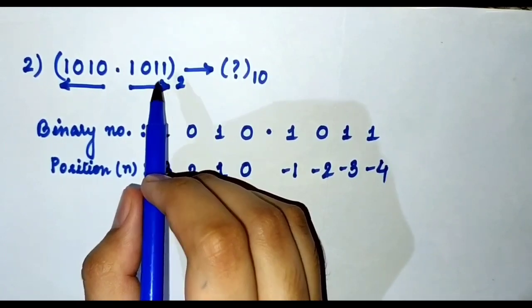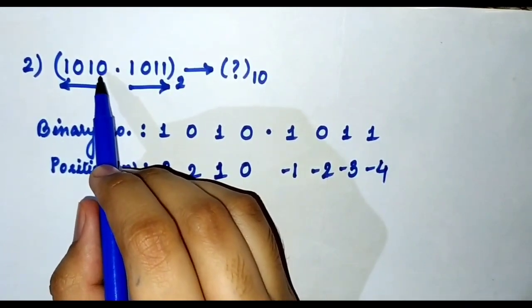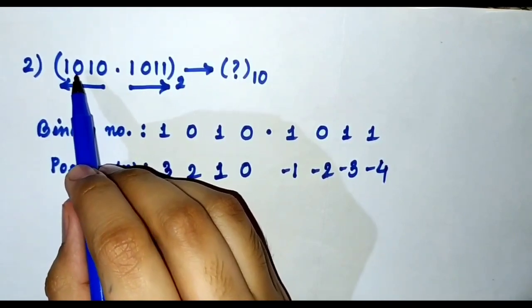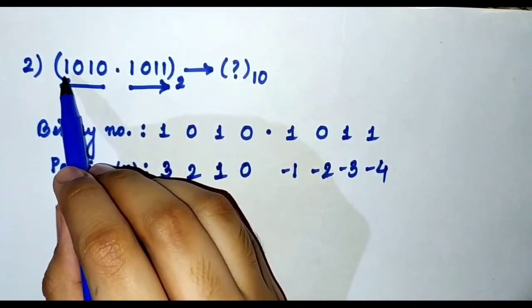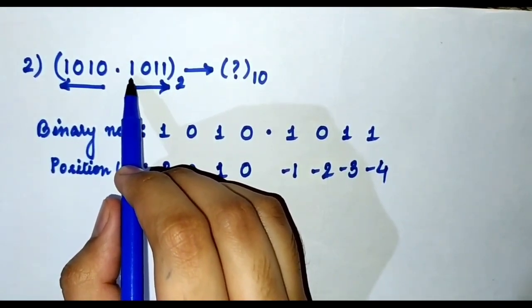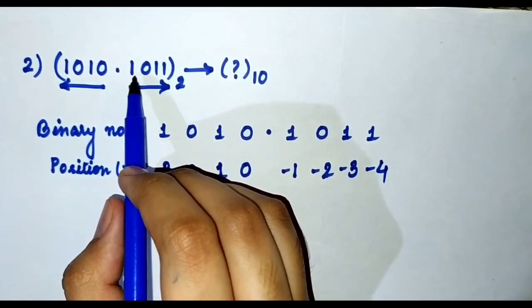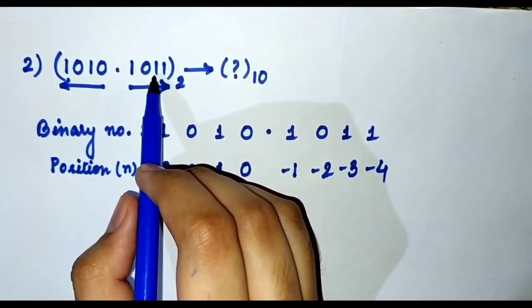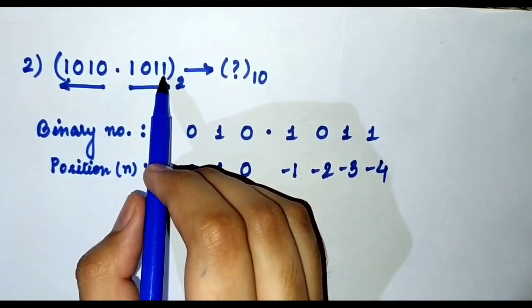Which means the position of this bit is 0, of this bit is 1, of this bit is 2 and 3, and the position of this bit is -1, of this bit is -2, of this bit is -3, and of this bit is -4.